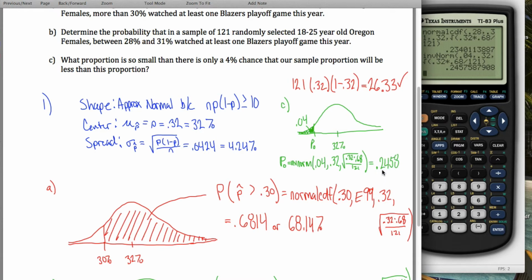So what's that mean? What that means is every sample is going to have a different proportion, right? I don't know what my sample proportion will be. I expect it to be 32%, but I don't know what it will be. But I do know that only 4% of the time the sample proportion will be less than 24.58%. That's what that tells me. This is the answer right here, and I guess that ends this problem.